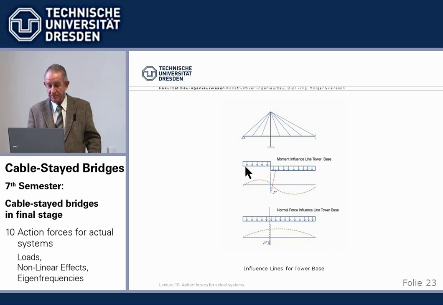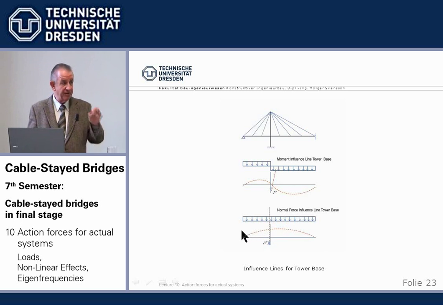If I want to get the biggest moment the other way around, I have to load this span. That's easy. Now the normal force influence line, of course, I have to cut the tower, move it up by 1, and then I get the deformation here gives me the influence line. We see very clearly we need full load.